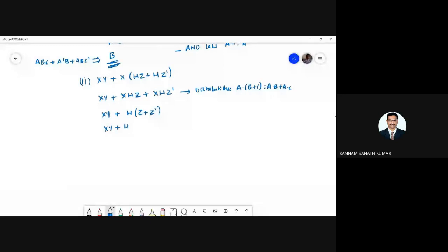This is nothing but factoring, or from the distributive law, factoring.